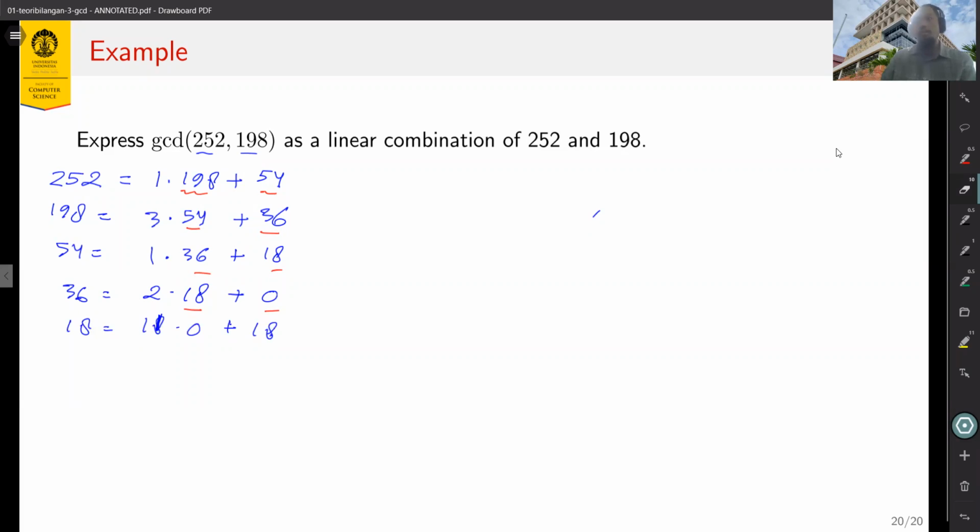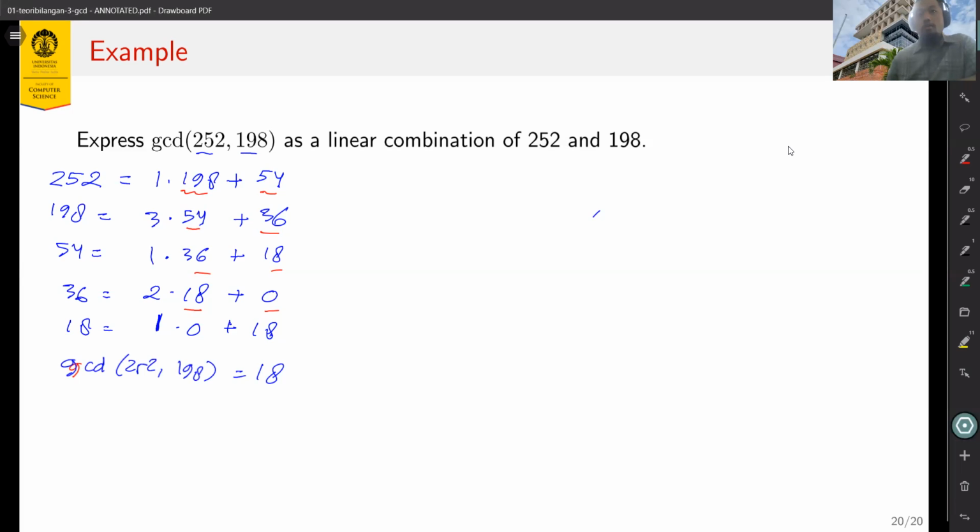So the GCD of 252 and 198 is 18. Is it correct? Yes. Dividing 252 by 18 gives us 14, whereas 198 divided by 18 is 11.